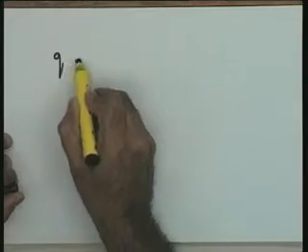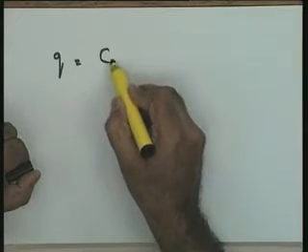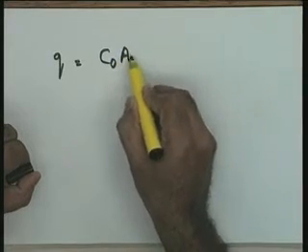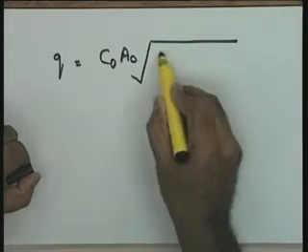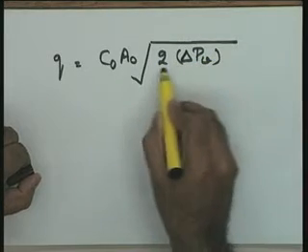Well, I hope you will recall, at least as soon as I write that relation, Q, the orifice fluid flow, is equal to C naught A naught square root of twice del PV divided by rho.